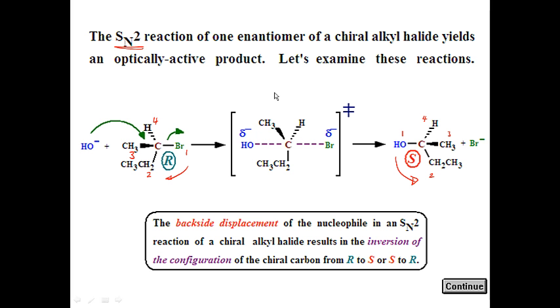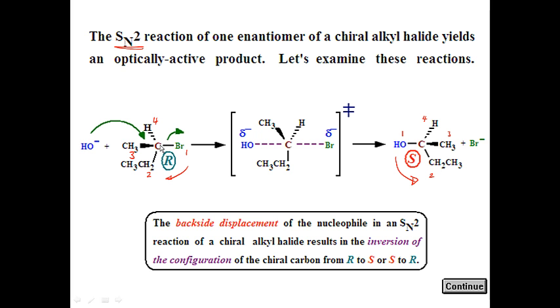People did many of these SN2 reactions with optically active alkyl halides, and what they saw was that this mechanism actually caused the product to be optically active. So it wasn't just a random attack of the hydroxide to this side of the carbon or this side of the carbon, because if that was the case, we would get a racemic mixture with zero optical rotation, which we'll actually see on Wednesday from another mechanism.